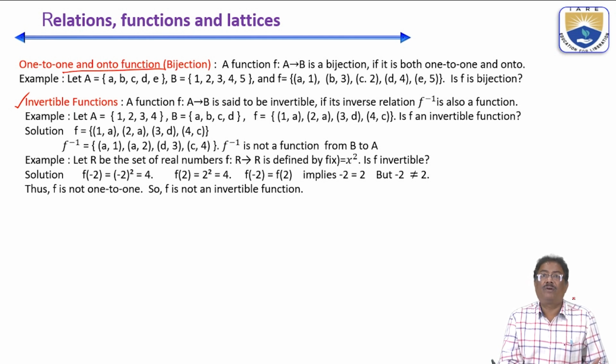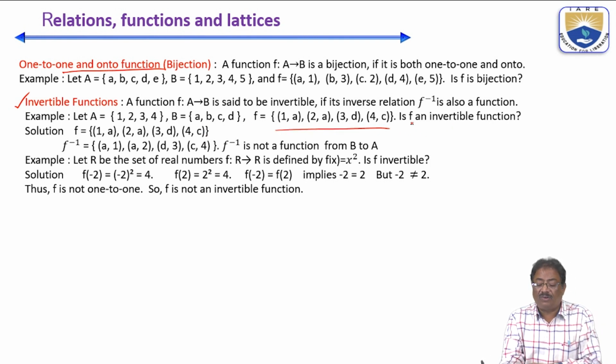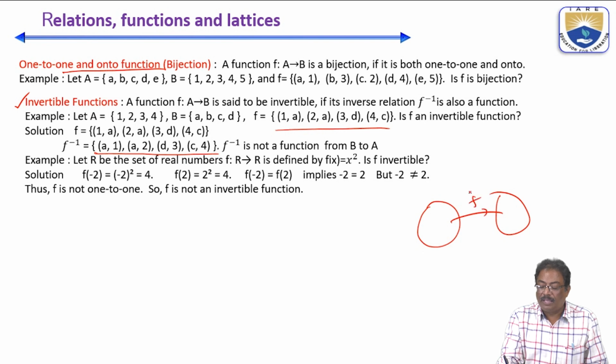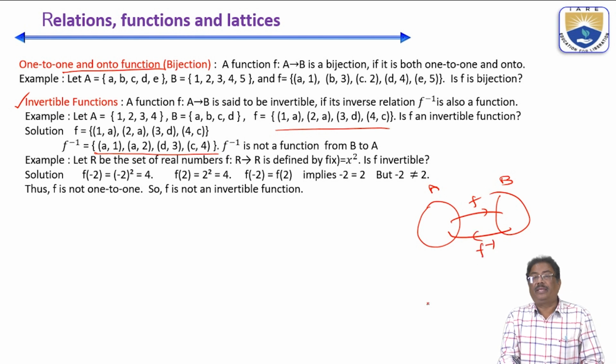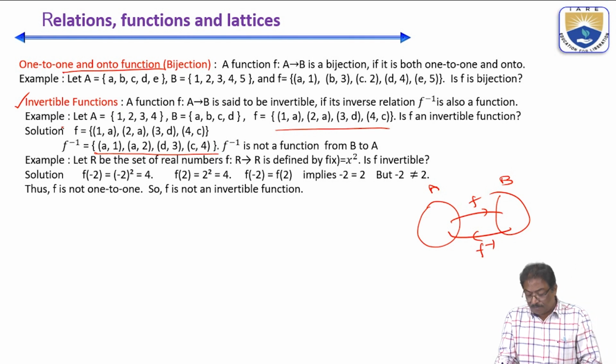If f is an invertible function, then to find f inverse, it is simply reversed. f is a mapping from A to B. If it is one-one and onto, then f inverse is mapped from B to A. Like this, it is an invertible function.